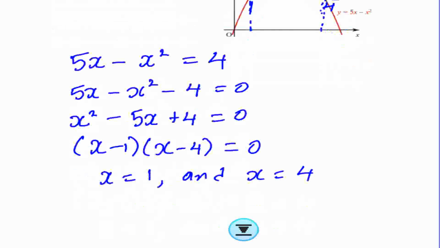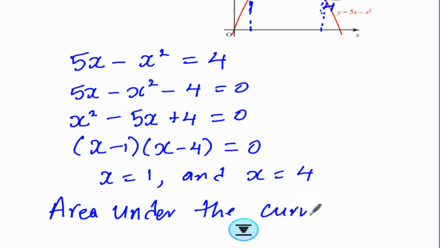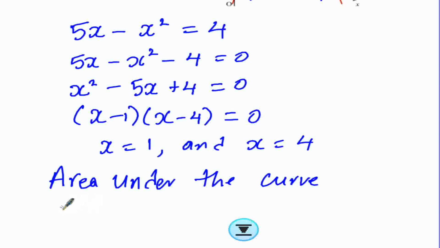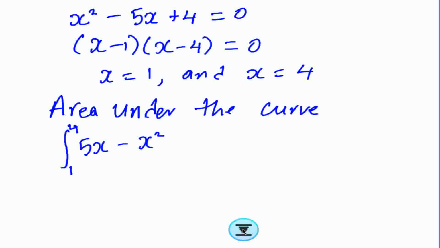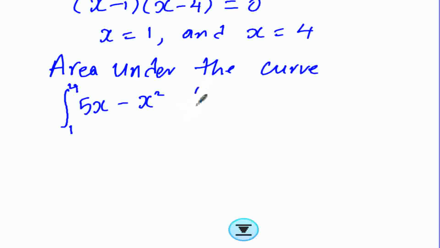So for the curve, we are going to integrate, for the area under the curve, 5x minus x squared from 1 to 4, with respect to x.